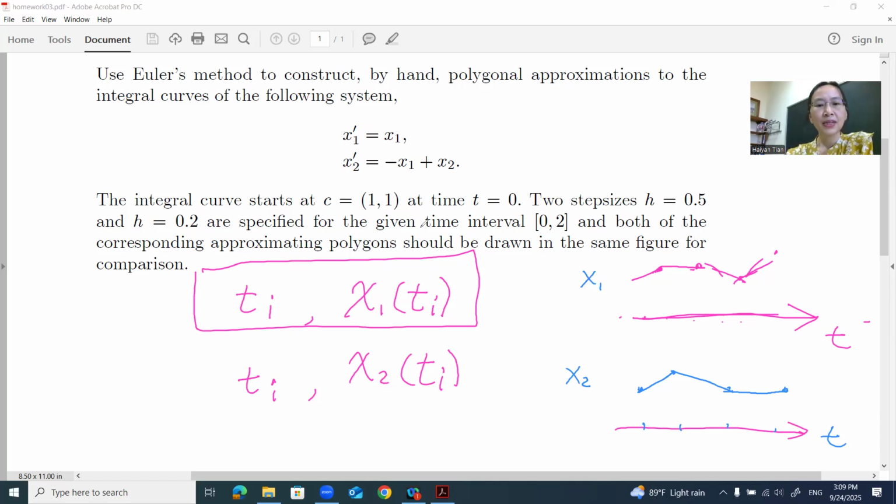But for this question, you don't have to give each component as a function of t. Actually, you simply put x1, x2. So instead of doing this, we will put x1 versus x2 at different times.